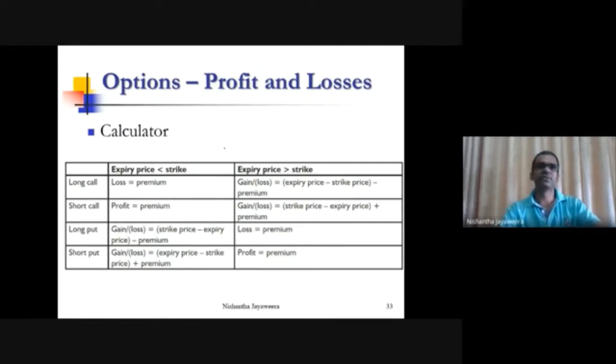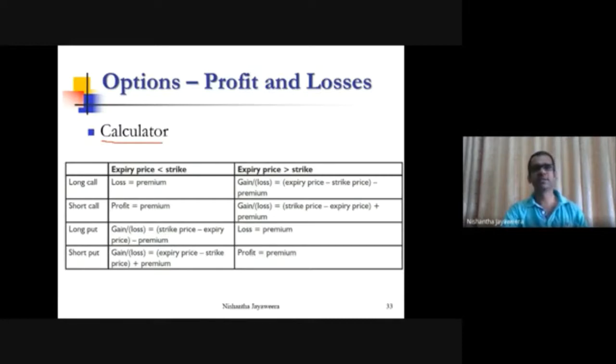Okay, so though it's called a calculator, it doesn't calculate anything, but it will give you guidance on how to calculate the profit or loss depending on your position and depending on the market. The first column shows your position, whether you have a long call option, a short call, a long put or a short put.